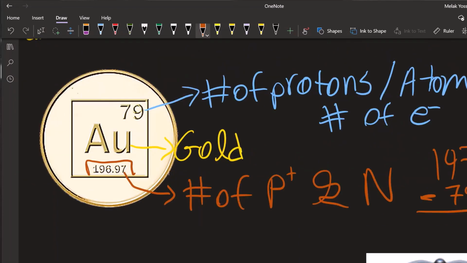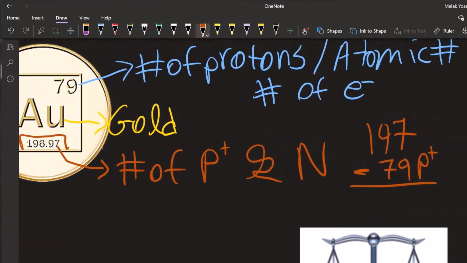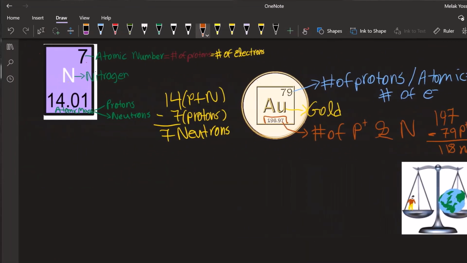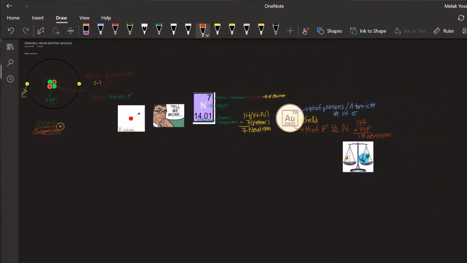To find the number of neutrons that are present in a gold atom, this should give you a value of 118 neutrons. And that's how you find the atomic mass.